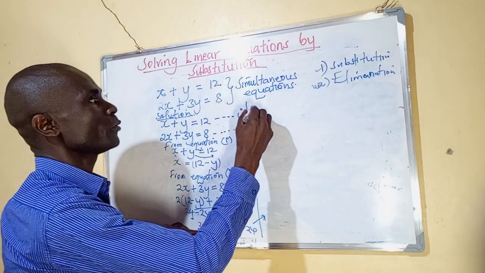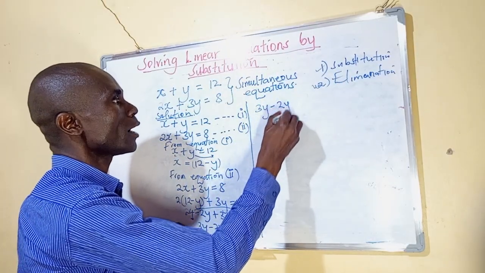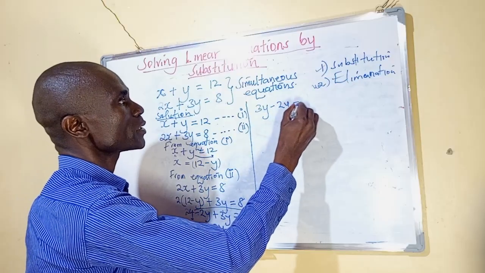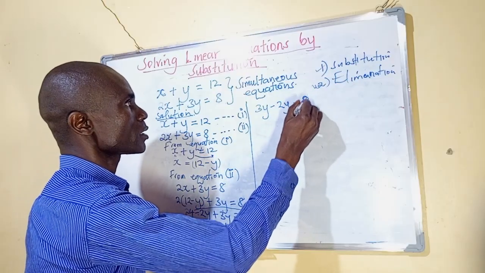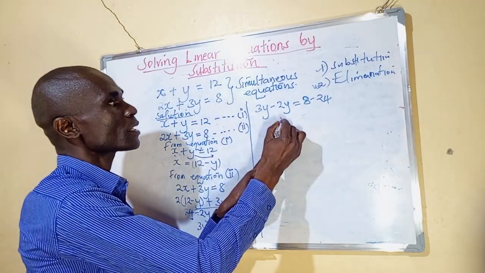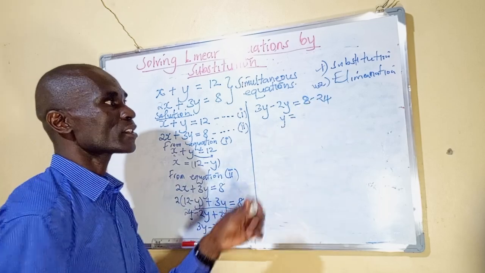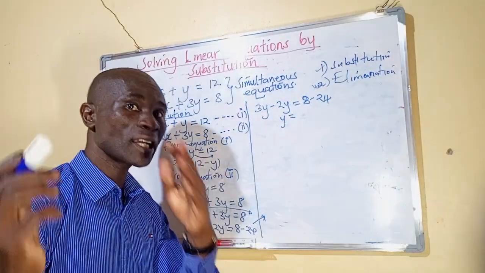So if we have 3y minus 2y, it is equal to 8 less 24. So here we get a y, but this is a negative. The negative number is bigger than the positive.